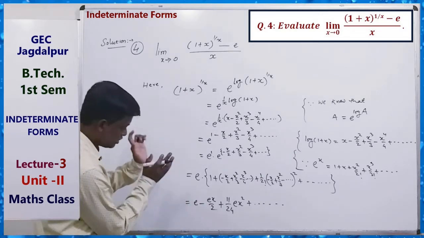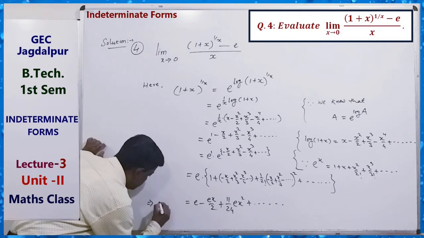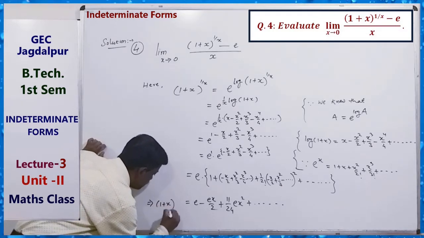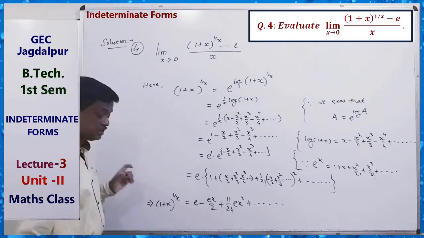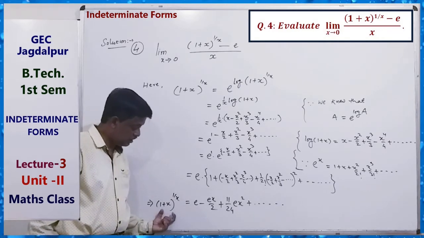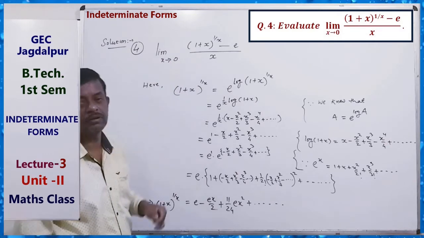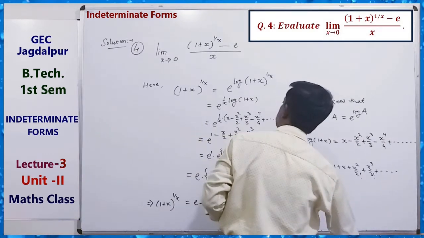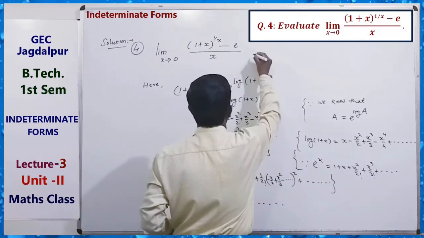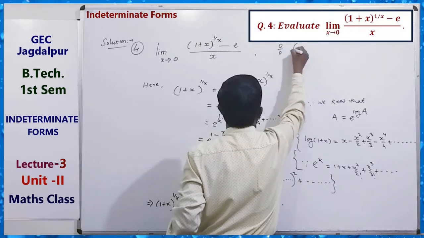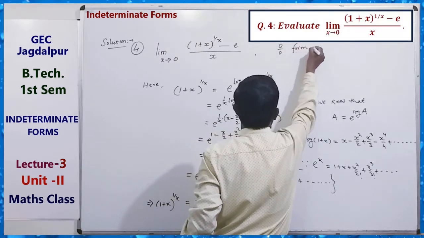So now use this value. This is (1 plus x) to the power 1 by x. Now this value we will use here for finding this indeterminate form, the 0 by 0 form.